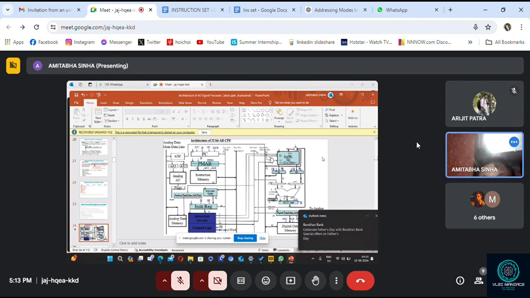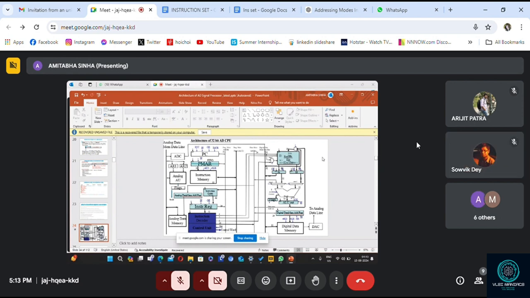So PMAR holds the address. It is basically to hold the address for the instruction memory. And read bar and write bar signals are there in the instruction memory. Can you notice that? Yes, sir. This hash read means read bar, hash write means write bar. Simple.